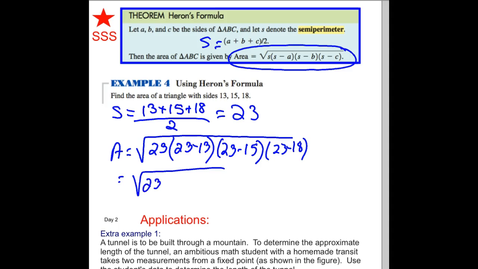So we have 23 times 10, 23 minus 15 is 8, 23 minus 18 is 5. Well, what do we end up with?